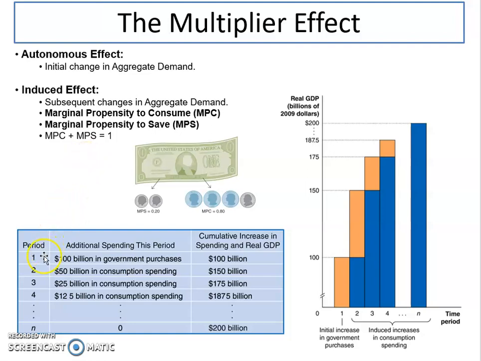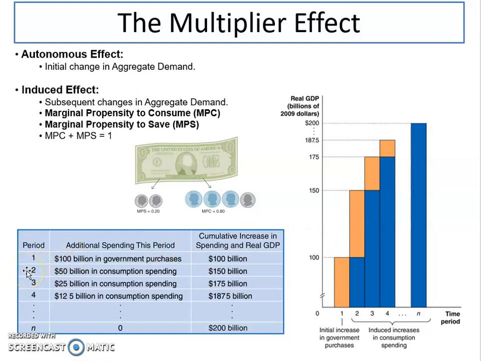Let's go back to our initial autonomous effect. The government puts $100 billion in new government purchases in the economy. That leads to an initial $100 billion in new spending. Period 1, $100 billion. But that's going to, like a rock in the pond, create an induced effect, multiplier effect, ripples.